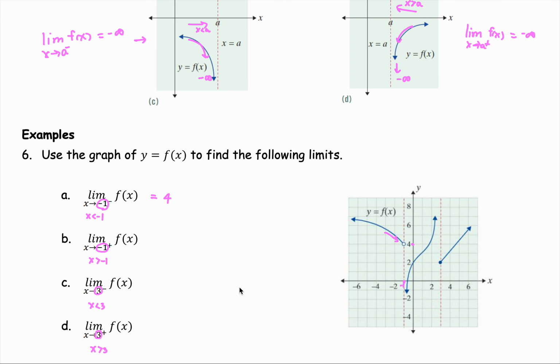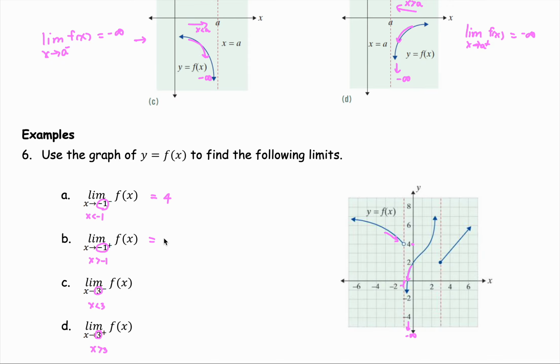The next one, as x approaches negative 1 from the right side, we look at the right part of the graph. As you see, the arrow goes toward the bottom, so y approaches negative infinity.